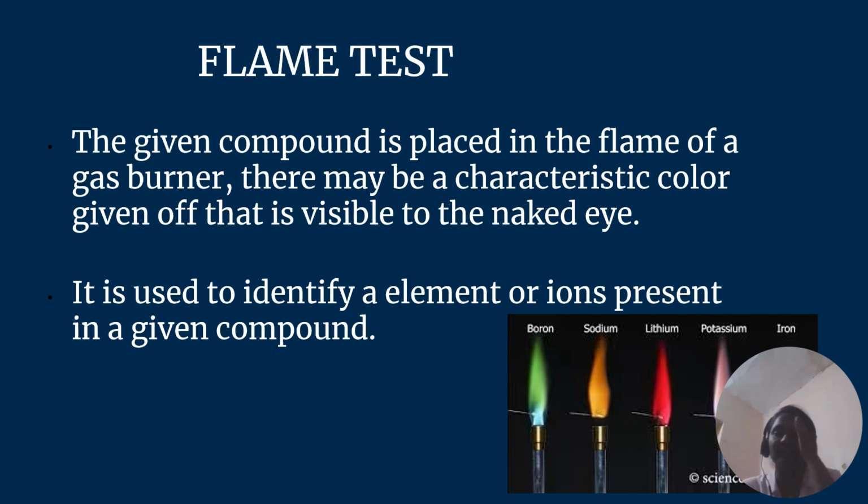For example, boron turns green, sodium turns orange, lithium gives a crimson red, and potassium a slightly blue color. These are examples of the flame test, which can be visualized, and these two tests are the examples I have given for qualitative analysis.